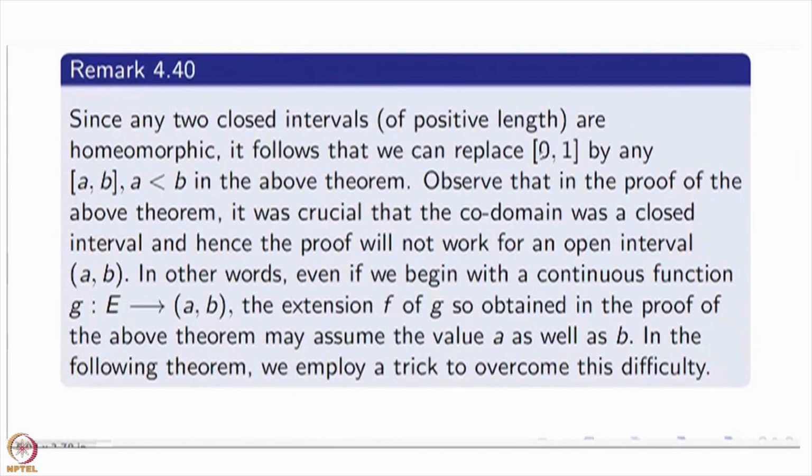But in the proof of the above theorem, it was crucial that the codomain was a closed interval. For each point you are taking limits, so they are just values. So the limit point could be in the endpoints. I mean, that is possible, right?